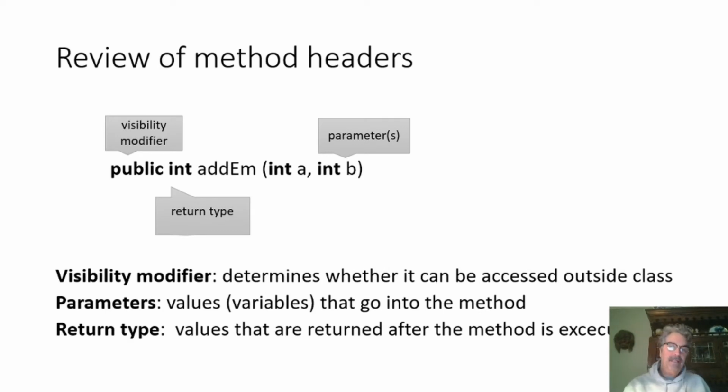Since classes are made of properties and methods, it's useful to go through a review of method headers here. You can see from the diagram, first, there's a visibility modifier, public, which says that you can use it outside the class. If it's private, and there are private methods, typically it's used within the class only. An example of that might be a fraction class.